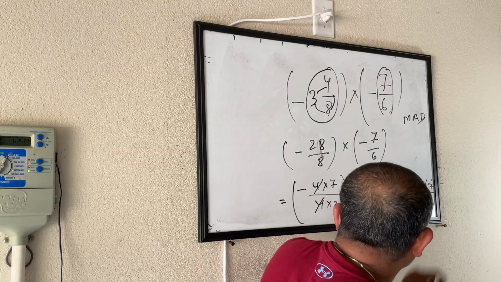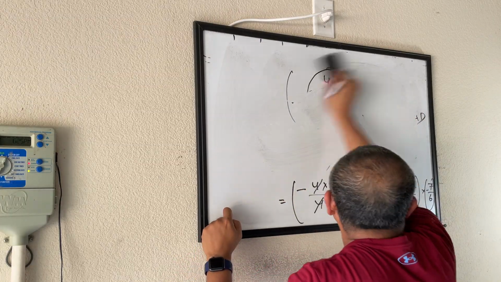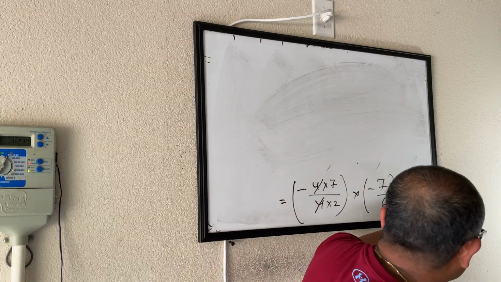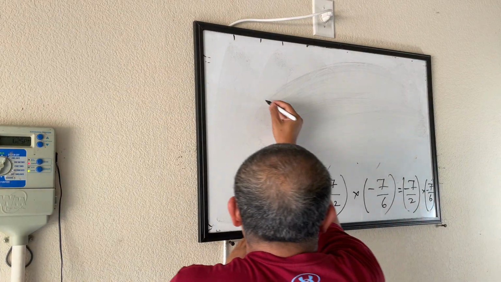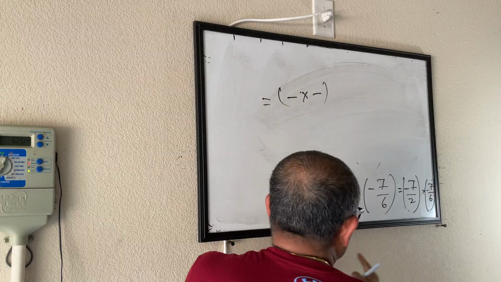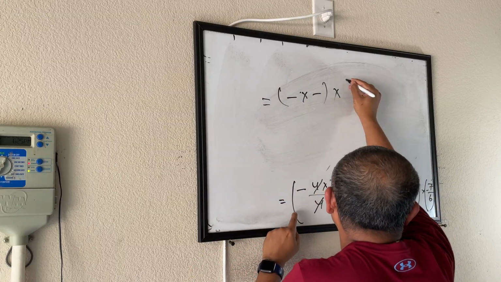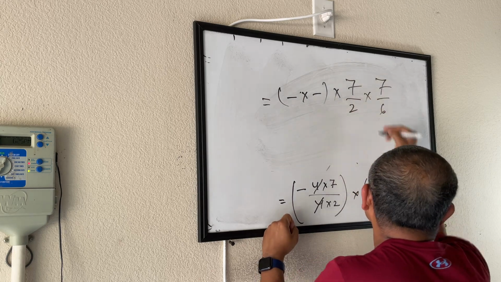So you will go on multiplying it. My next line of the story is this. I will multiply apples with apples, oranges with oranges, signs with signs, numbers with numbers. So I am multiplying minus into minus. This is one situation I have. And then multiplying 7/2 into 7/6.